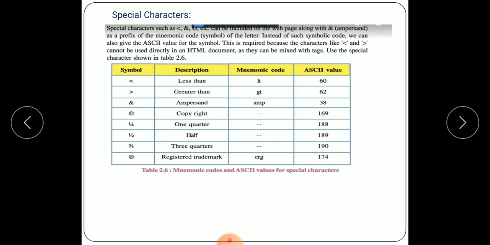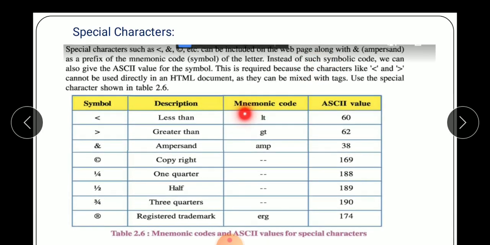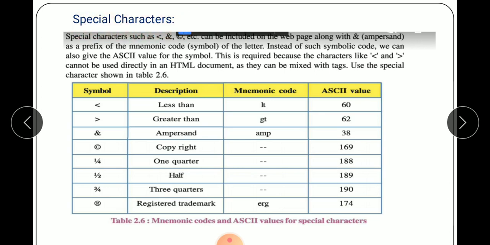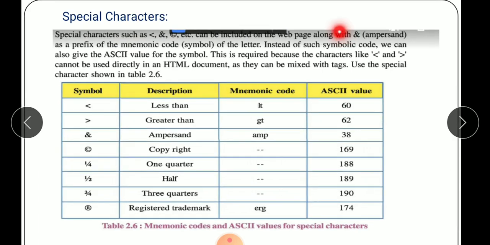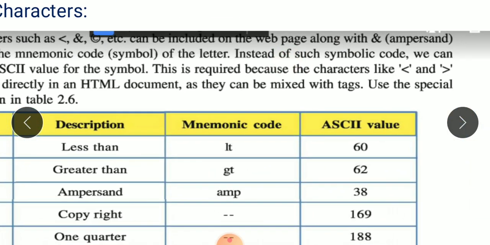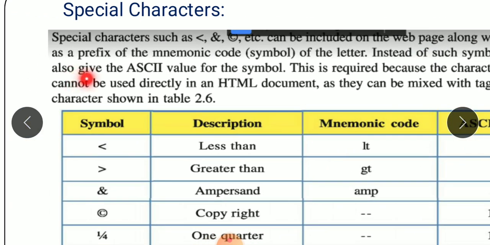Now let's see some special characters. Special characters such as less than, greater than, ampersand, copyright marks, etc. can be included in the web page by using an ampersand as a prefix to the mnemonic code of the symbol. Instead of such symbolic code, we can also give the ASCII value for the symbol.